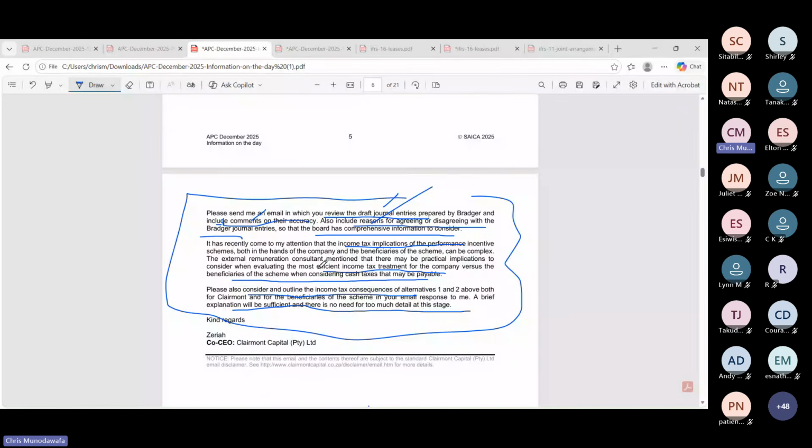Then it has recently come to my attention the income tax implications, both in the hands of the company and the beneficiaries. So: review of the draft journal entries, include comments on their accuracy, include the reasons for agreeing or disagreeing.